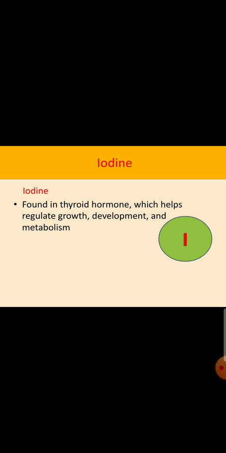This is found in thyroid hormones, thyroxine, which helps regulate growth, development, and metabolism. And deficiency of iodine causes various metabolic problems, and problems in growth and development.